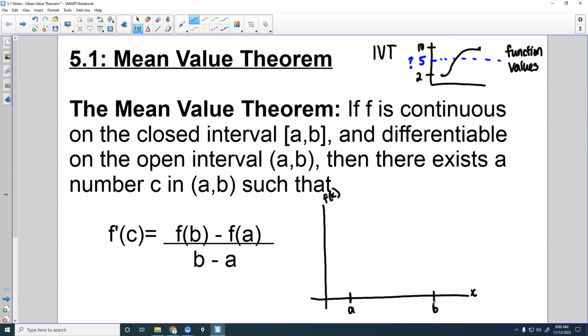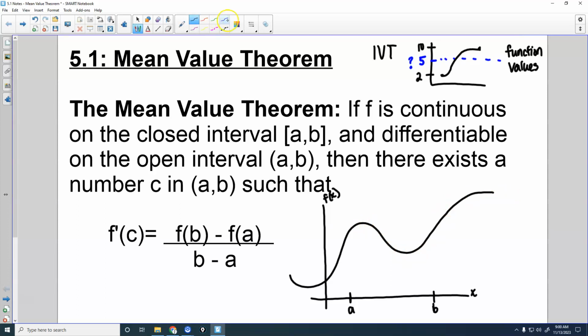And we have some function that is both continuous on the closed interval and differentiable on the open interval. It just means it doesn't have to be differentiable at the endpoints. Usually that does not end up being something that you have to distinguish. So I could have whatever here.